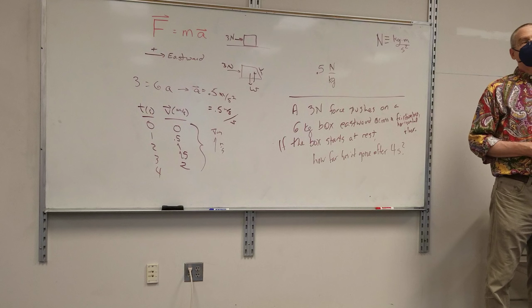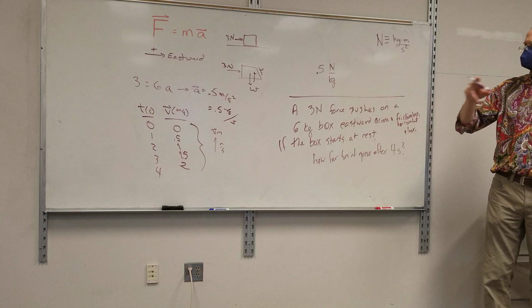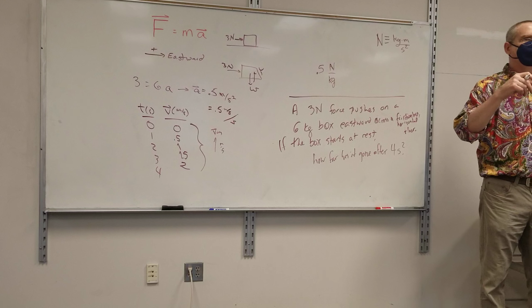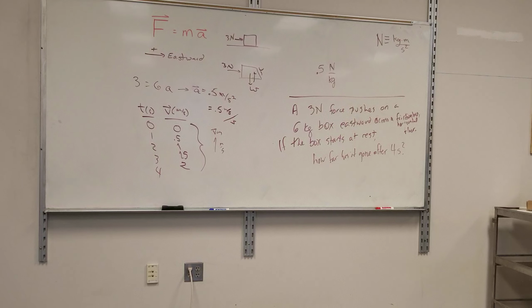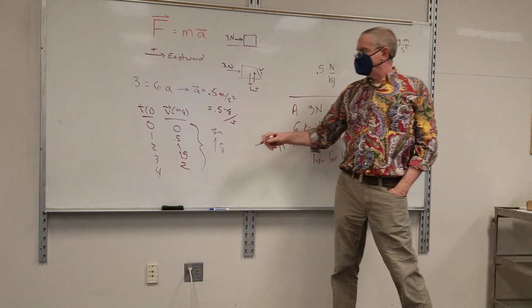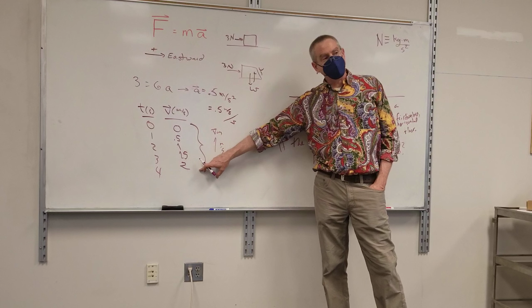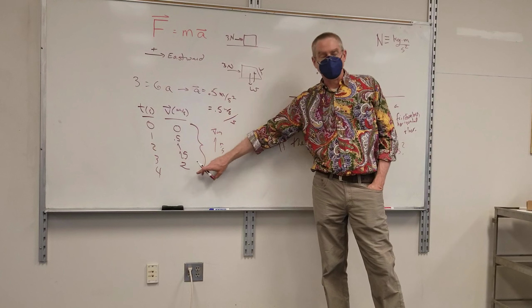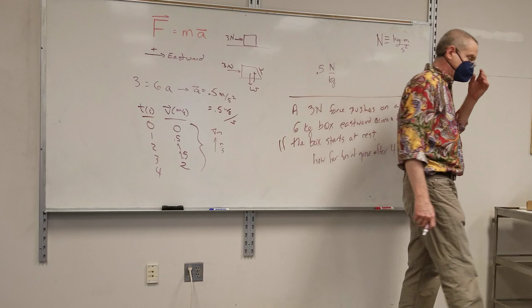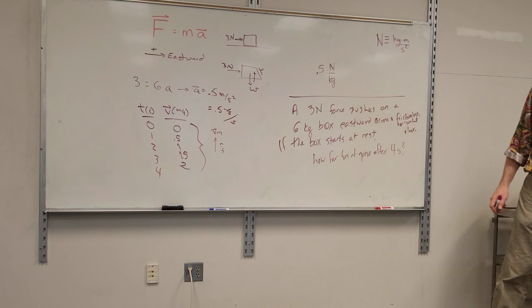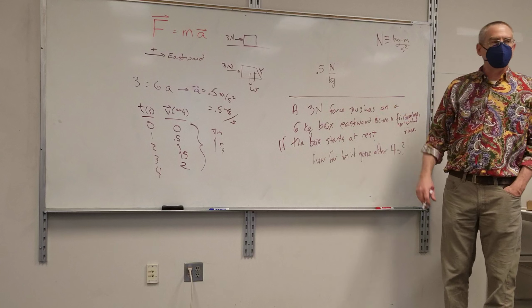So 0 plus 2, divided by 2. You can add up all 5 numbers and divide by 5, or just add the first and the last one and divide by 2. All right, so my average is 1 meter per second.